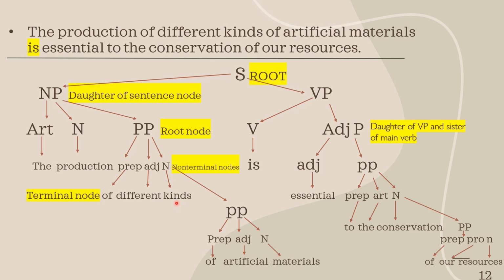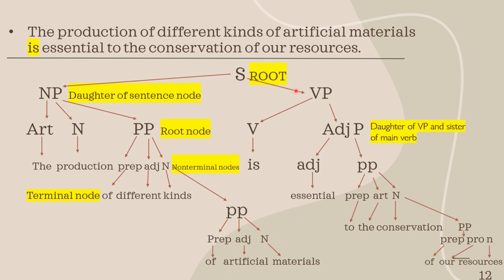Of artificial materials, it's another prepositional phrase that comes out of the noun because it describes the kinds. So this prepositional phrase consists of preposition, of, adjective, artificial, noun, materials.